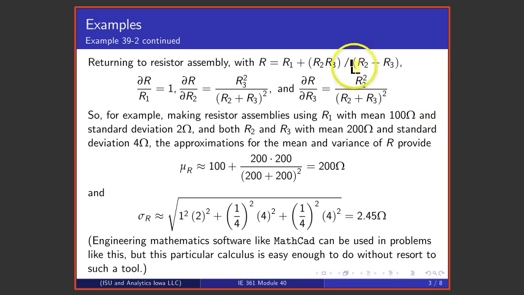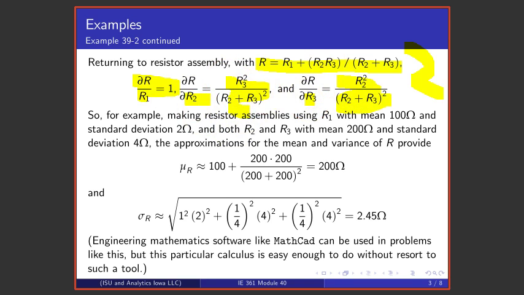As a second example, consider this basic physics example where one is going to put resistor 1 in series with an assembly of resistors 2 and 3 that are in parallel to produce an overall resistance predicted from basic physics to be of this form. If one takes partial derivatives with respect to R1, with respect to R2, with respect to R3, one gets these formulas.